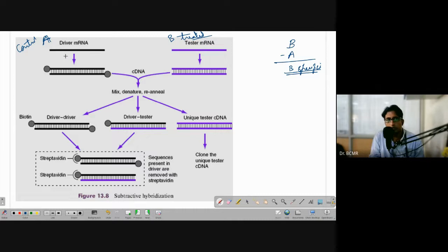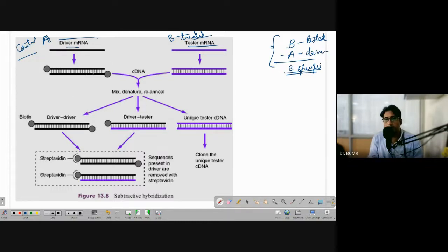So we take the two cells and isolate the mRNA from both of them. The control one, we would call driver mRNA, and the other one is tester mRNA, the one that is treated, from which we are subtracting. This would be the tester, and this would be the driver. So we would prepare cDNA for both of them.